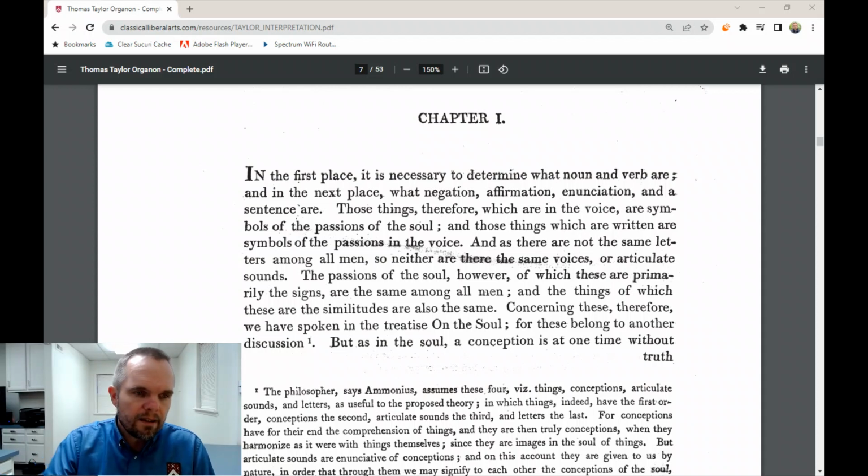And then in analytics, which comes next, we're going to talk about the joining together of judgments or propositions to form syllogisms, which will either be true or false. So this book is getting us ready for analytics, just as the categories got us ready for this book.